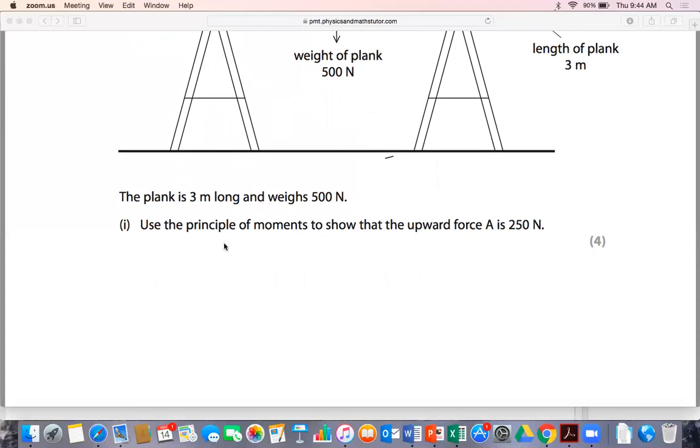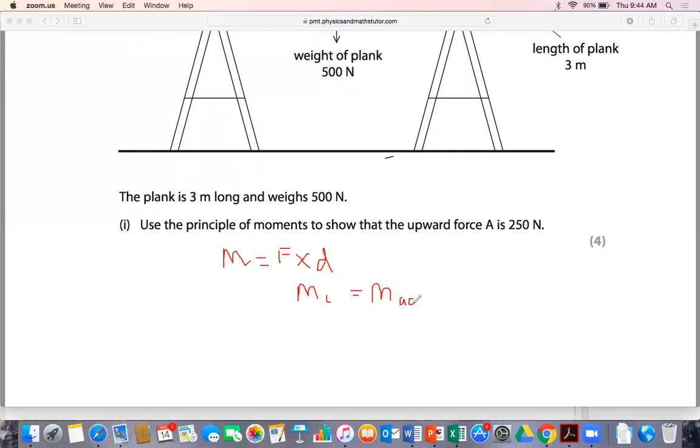Okay. So we know that moment is equal to force times perpendicular distance. Now we know that the moment for clockwise is equal to the moment of anti-clockwise.